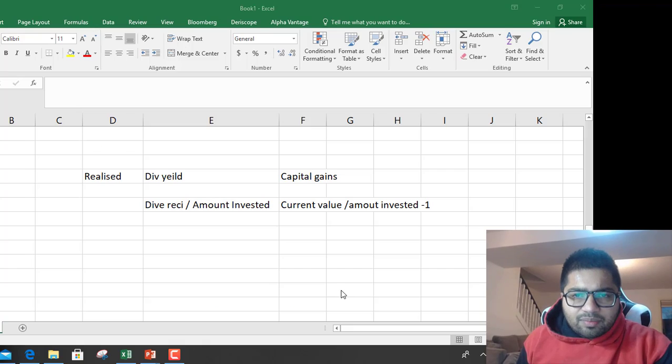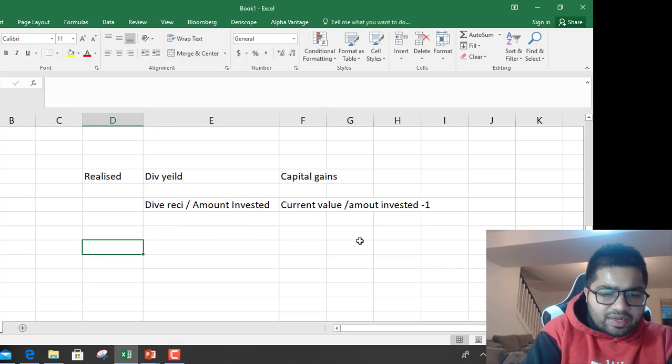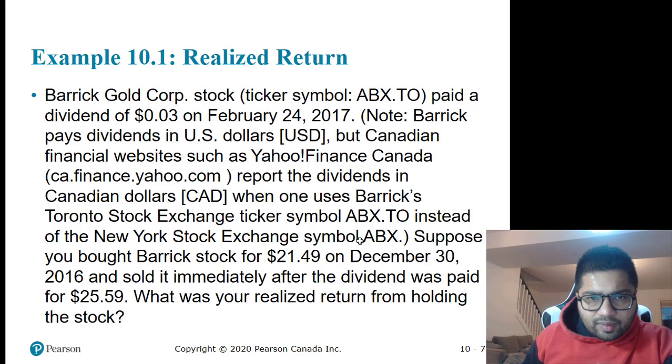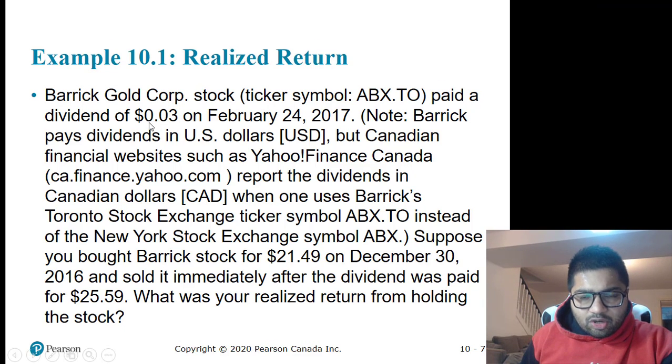So let's put some numbers in. The dividend received is 0.03.